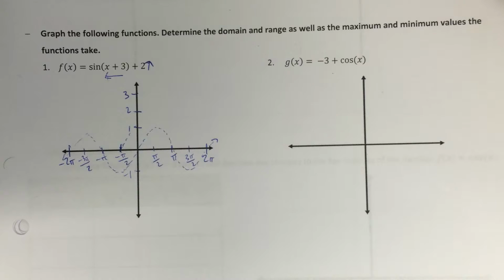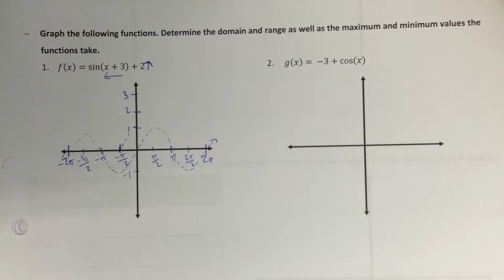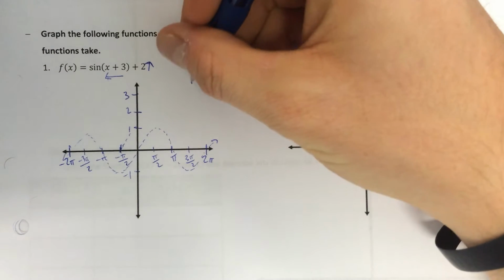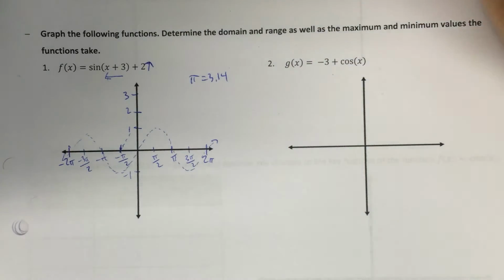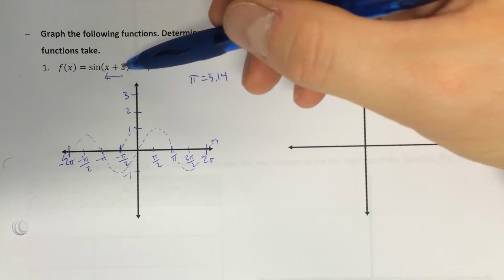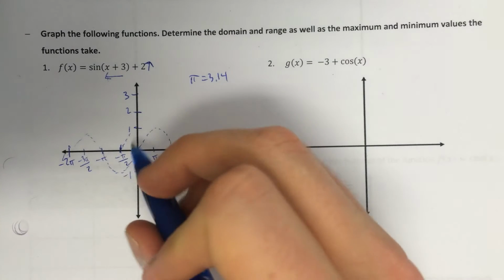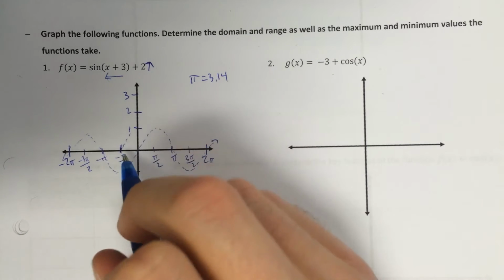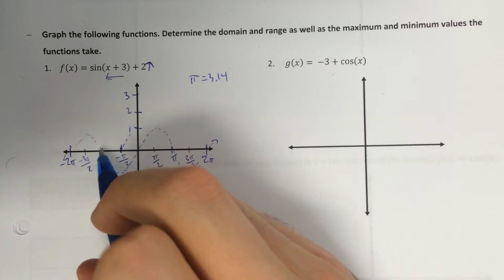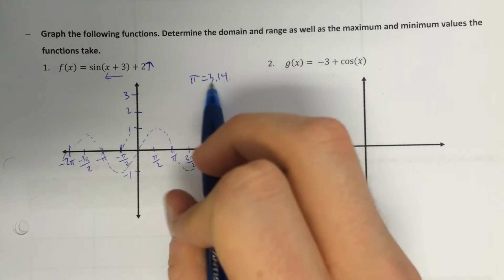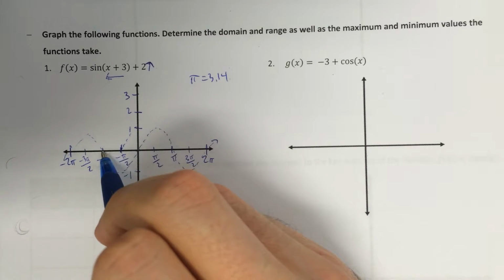And in class, what we talked about is we know that pi is 3.14, and I need to shift to the left 3. So for example, if I'm at this point here, if I were to go to the left to negative pi, that would be shifting to the left 3.14 units.